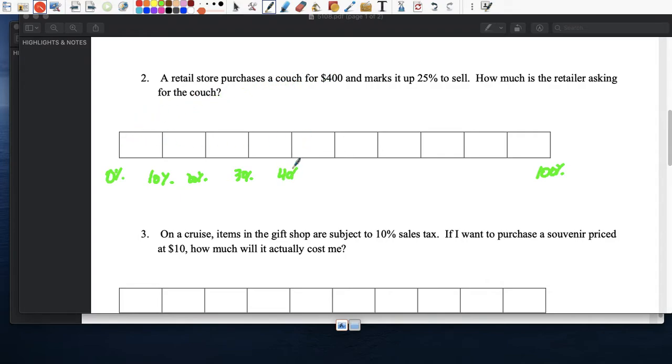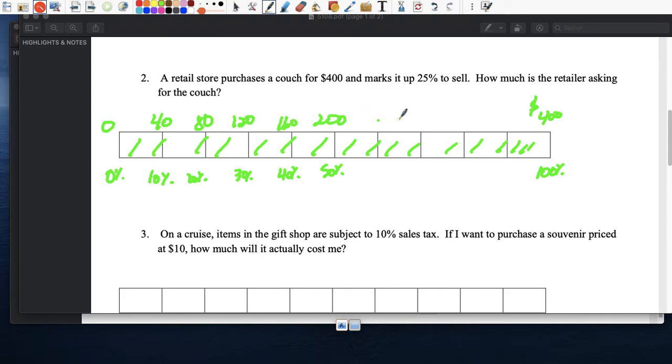Let's say you found it at a flea market, you go and buy a couch, right? And you paid $400 for the couch. So what's 10%? Well, let's divide this into 10. 400 divided by 10, it's going to be 40. I'm going to go by 40s. 10% is 40, 20% is 80, 120, 160, 200, and so forth.